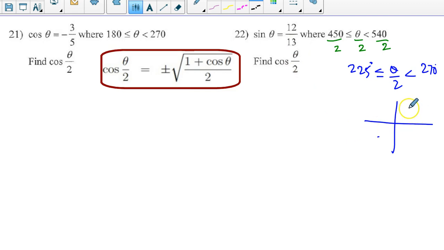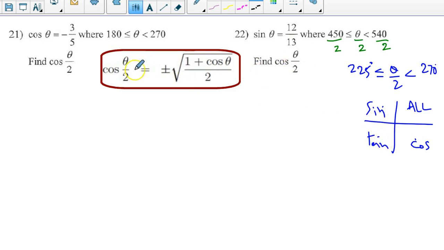We know that here all ratios, there is sine, and this is tangent and cosine, all silver teacups. All ratios are positive here. The sine is positive in the second quadrant, tangent is positive in the third, and cosine is positive in the fourth quadrant. Now in the third quadrant, cosine is negative, only tangent is positive.